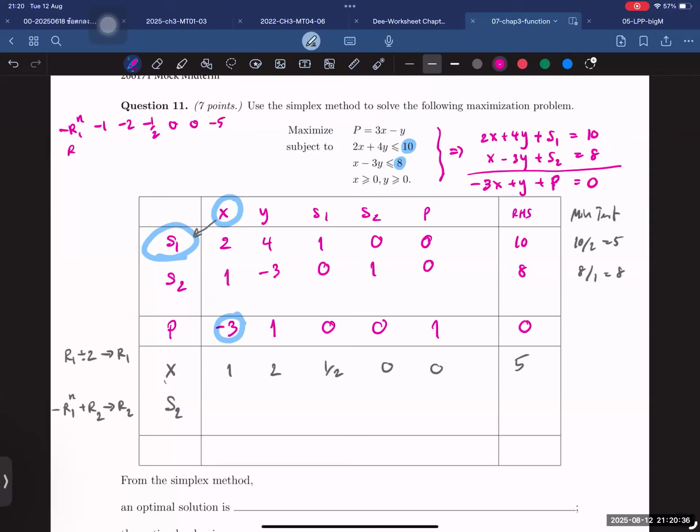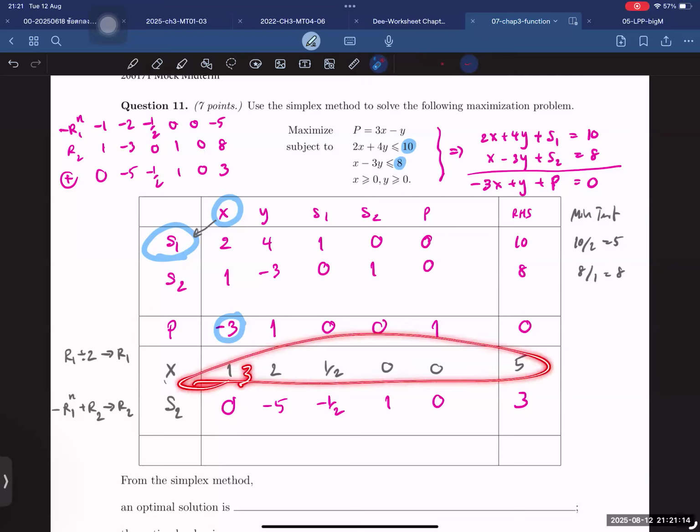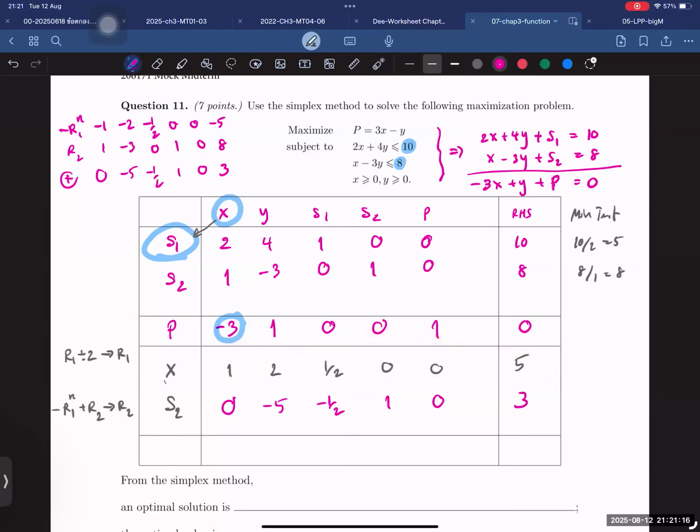How about row 3? Row 3 is, so we use this row multiplied by 3 and add it to row 3, right? So we take 3 times row 1, the new row 1, combine it with row 3, and put it back to row 3.